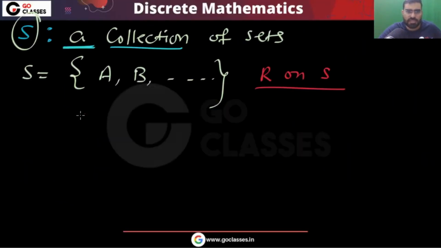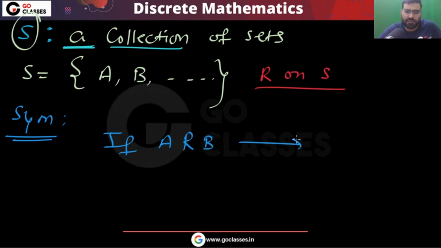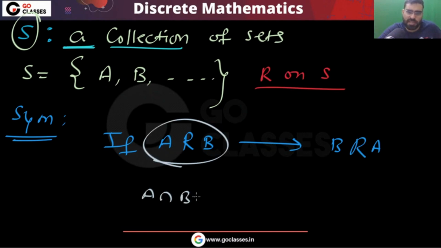So this relation R on S that you define will always be symmetric, this disjointness, because look at the symmetric property. If A is related to B, then definitely B will be related to A, because this means that A intersection B is phi.